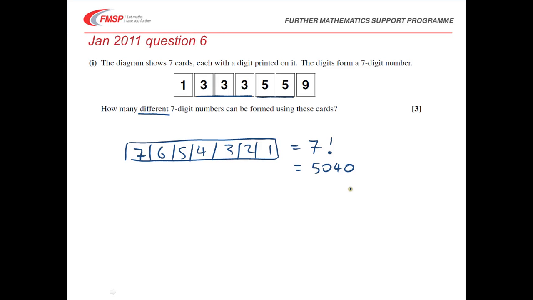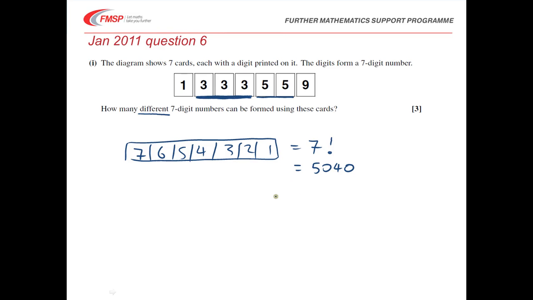However, we have to also realize that there are repetitions. Based on that we then have to deal with the fact that the 3 can occur 3 times, so there are going to be lots of repetitions.